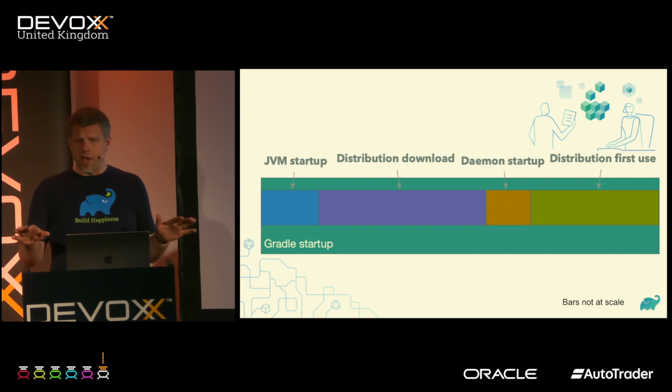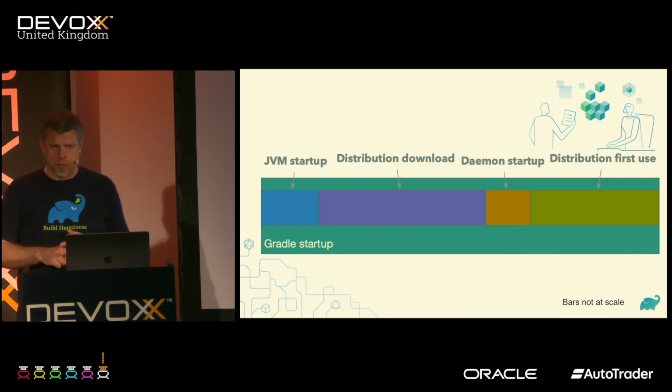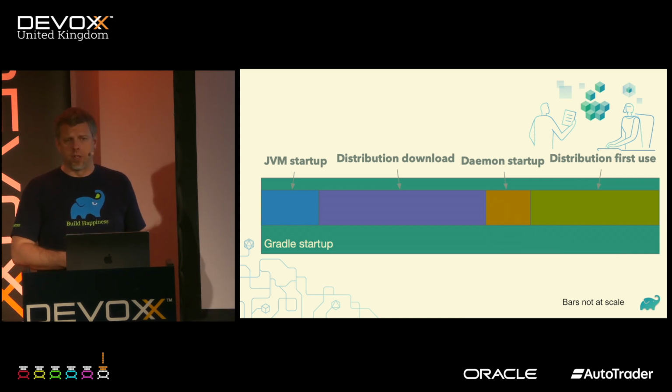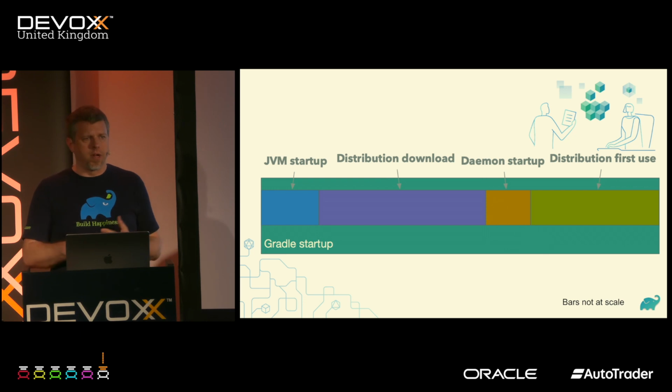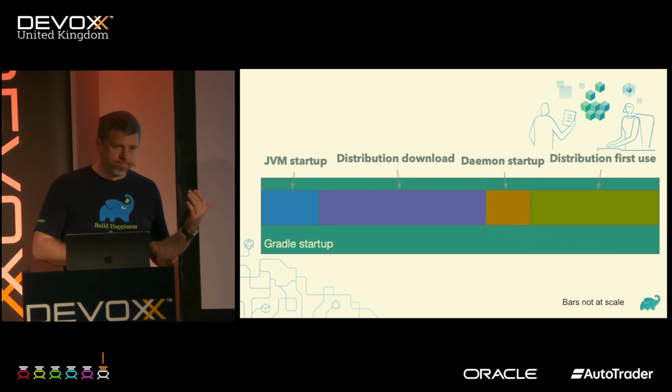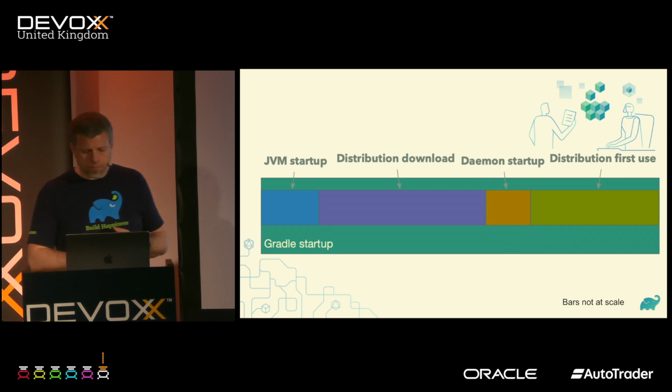If you're in a clean environment, which is what I'm going to assume, because then we can discuss all the different steps, the first thing the wrapper does is it downloads a distribution. A Gradle distribution, if you just take the binary one, is 100 meg right now, like 130. You can see that, right? If you do 15,000 builds a week and none of them have Gradle available, that's going to have a cost.